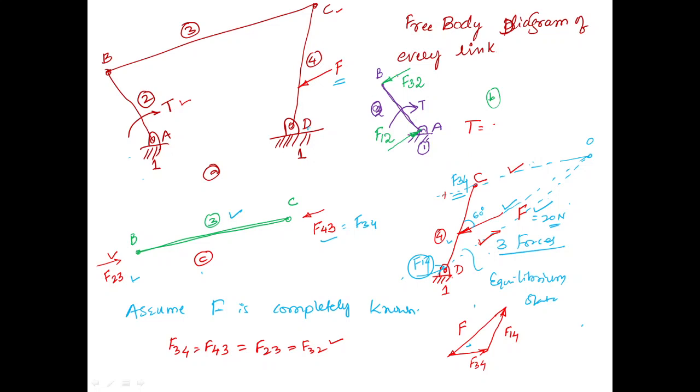Now you need to find out H here. So this H is what? Exactly perpendicular to the force direction. So now torque can be calculated as F32 into H, or this is equal to F12 into H. So by this way you can find out the forces on the members by drawing the free body diagrams, right?